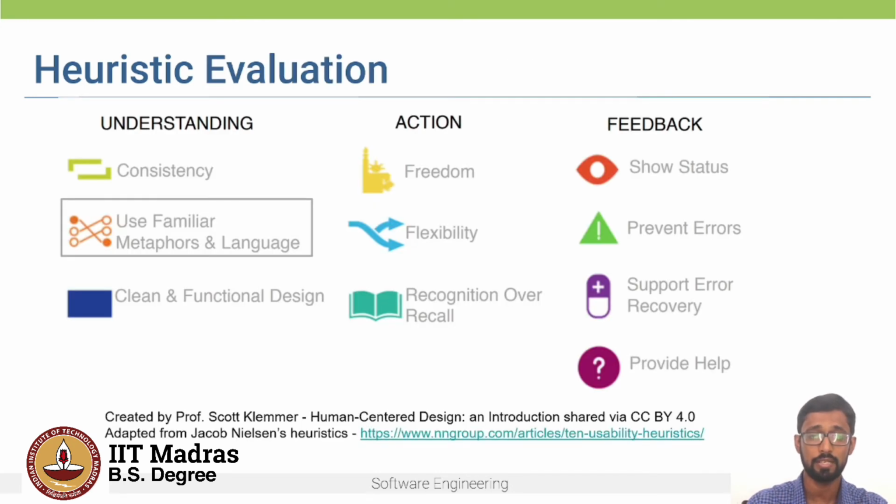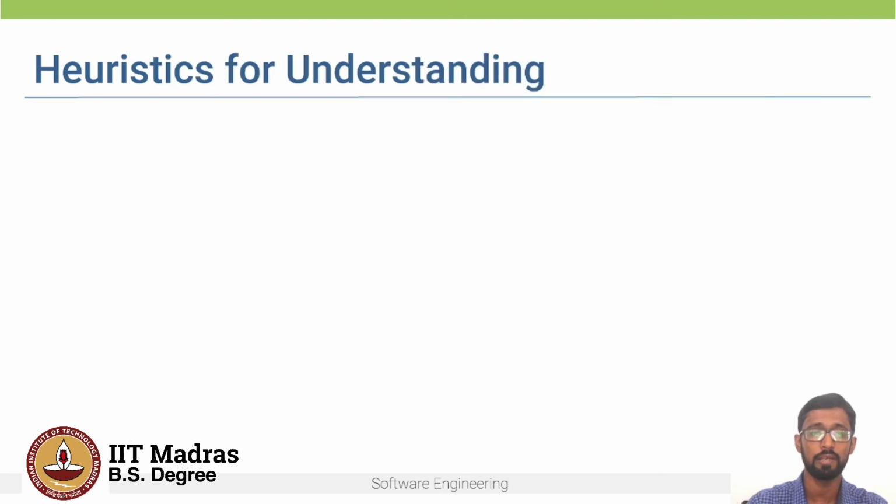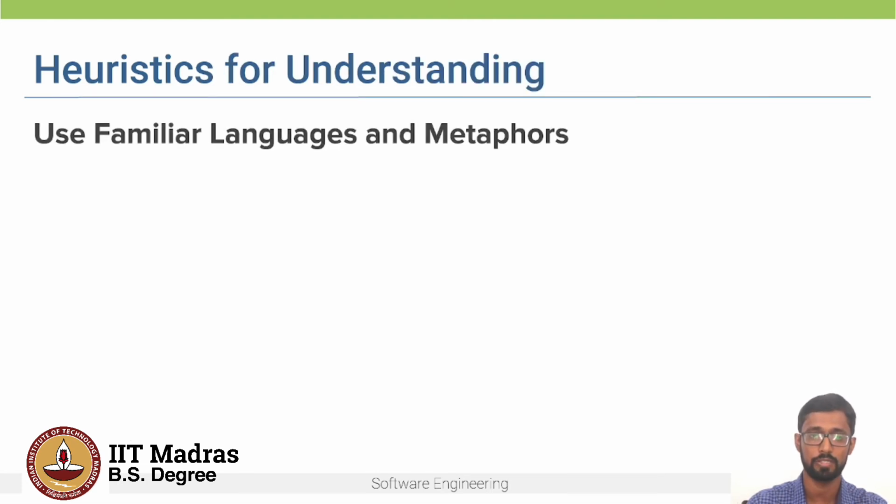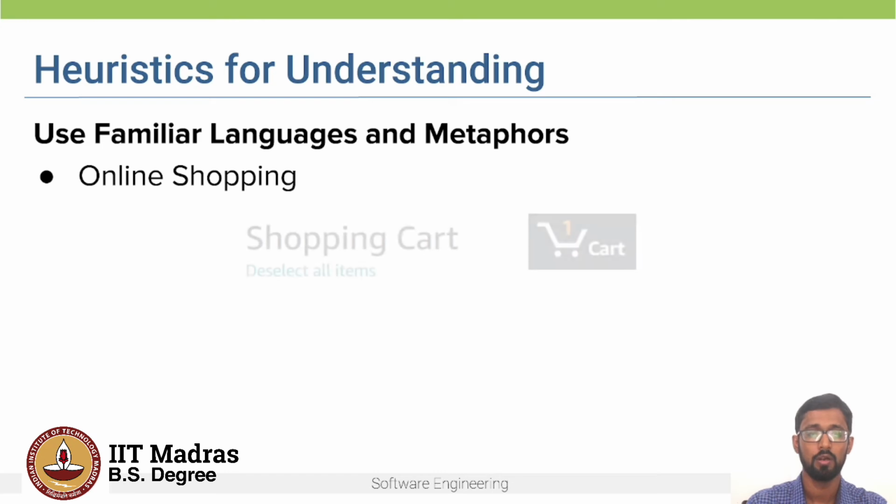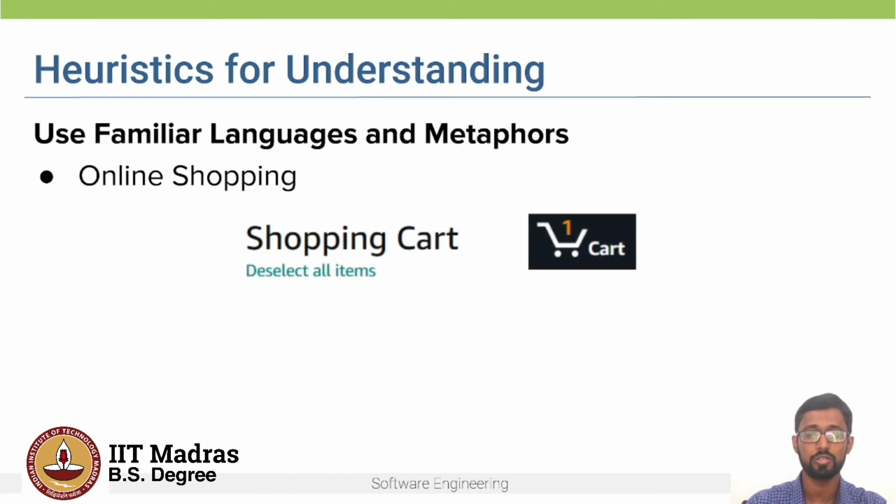The next heuristic is using familiar metaphors and language. So we should use words and phrases which are familiar to our end users and not use technical or jargon terms. One example is when you do online shopping.